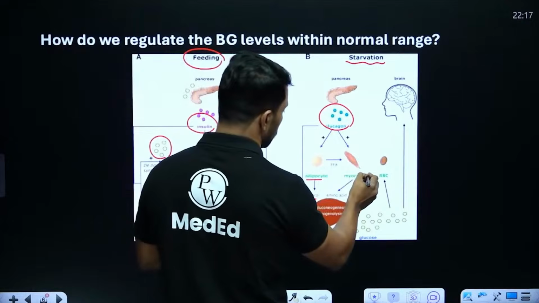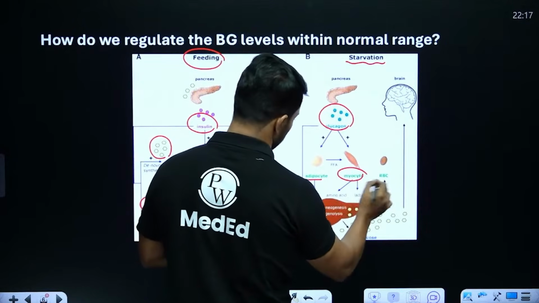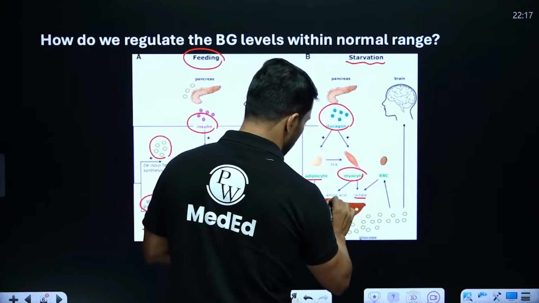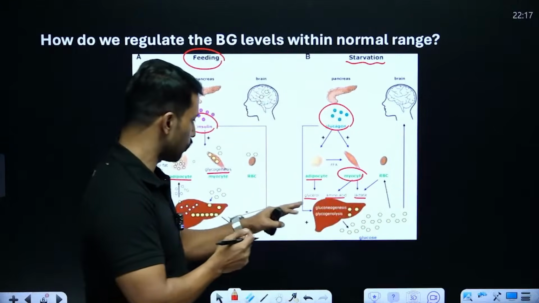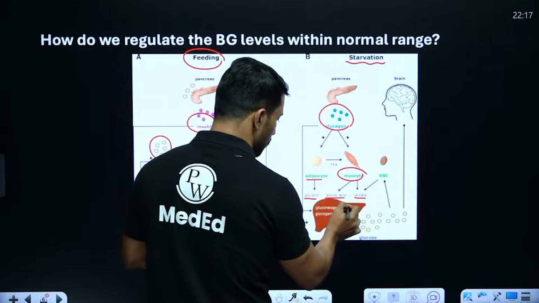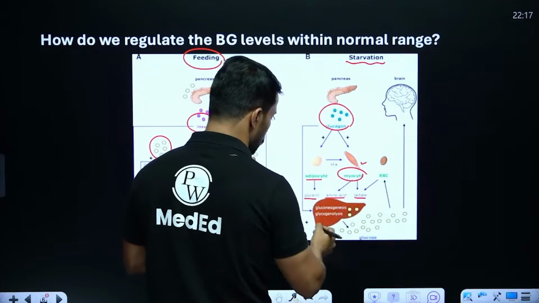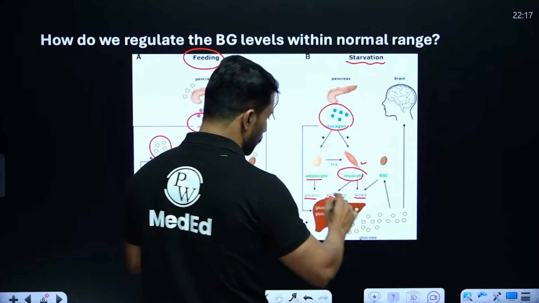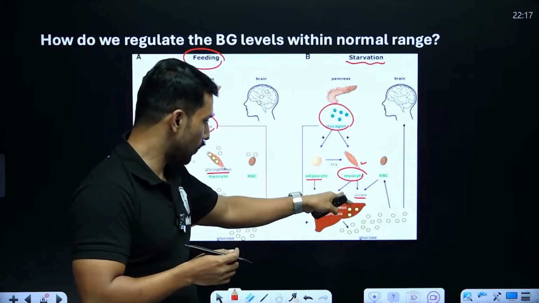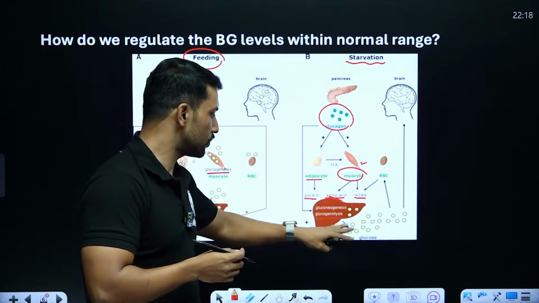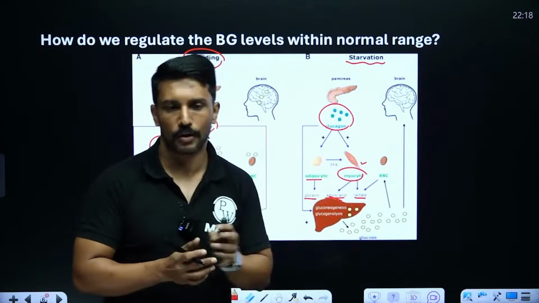It will stimulate the muscles to release lactate and amino acids, which can also be converted to glucose. Ultimately in the liver, we are causing glycogenolysis, and we can also do gluconeogenesis from glycerol and amino acids, and release the glucose to circulation.